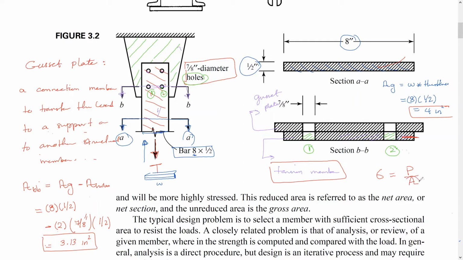So if area is less, means more stress. Okay, so we're gonna have more stress. In this case, at the section BB, we will have more stress than what we do have in section AA, because the area is, let's say, less.